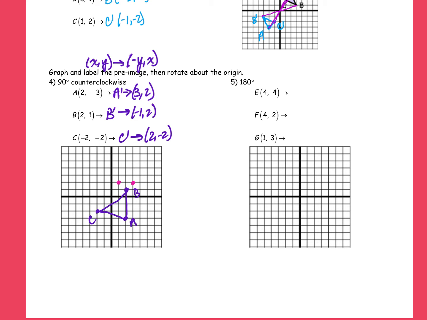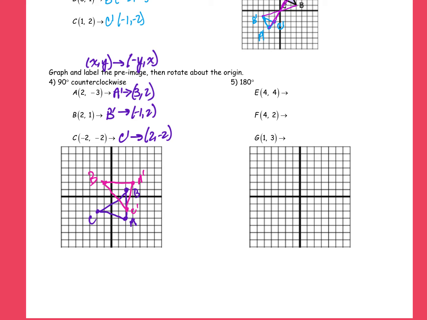Oh, that is not -1. Wow. Let me try that again. -1, 2, and 2, -2. So this is A prime, B prime, C prime. So it looks like that. Nice.